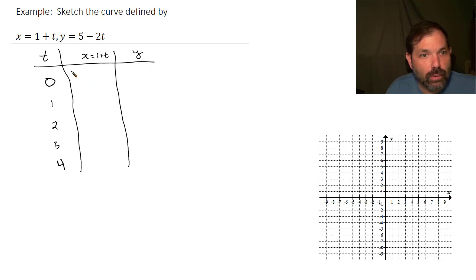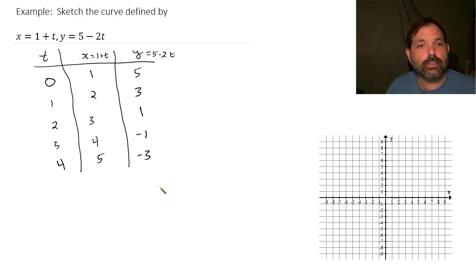So x would be 1, then 2, then 3, then 4, then 5. Y is equal to 5 minus 2t. So if t equals 0, y would equal 5. If t equals 1, y would equal 3. If t is 2, y would equal 1, then negative 1, and then negative 3.